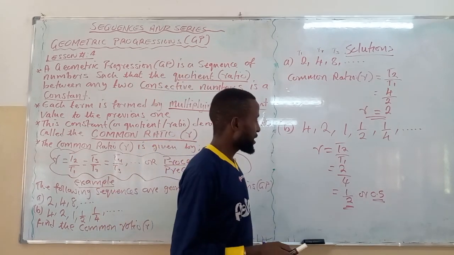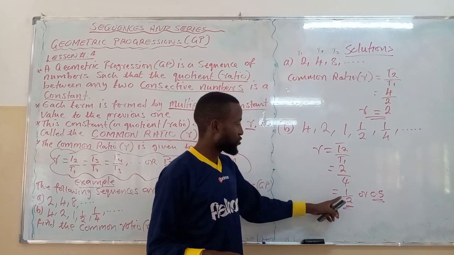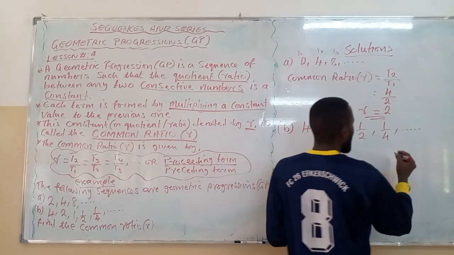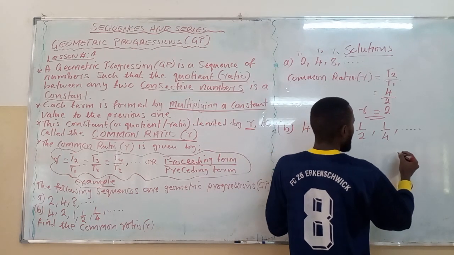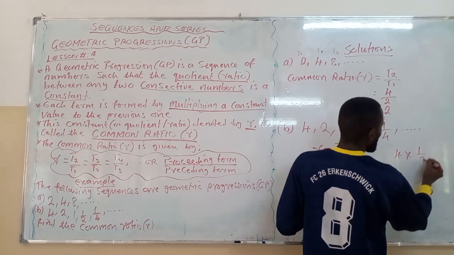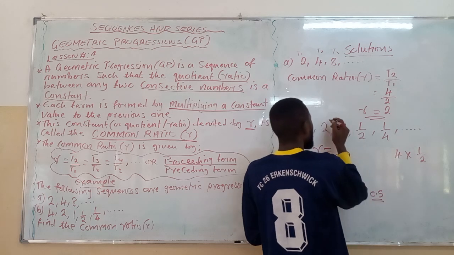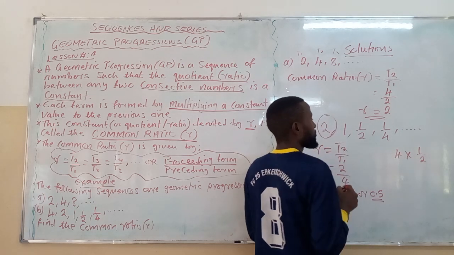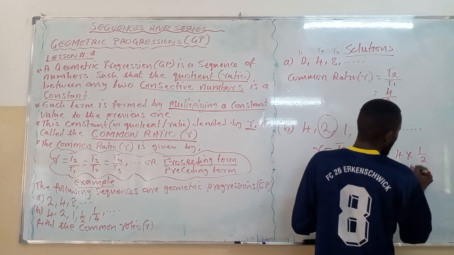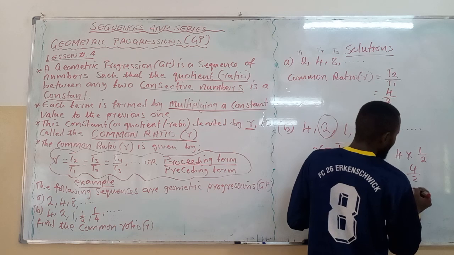So now that we have found the common ratio, which is 1/2, we can check that this is true by simply multiplying. Let me say I multiply 4 by the common ratio, which is 1/2. Am I going to get this term? Is it true? Let's see. When we multiply, 4 times 1 is 4 over 2. 2 into 4 is 2.